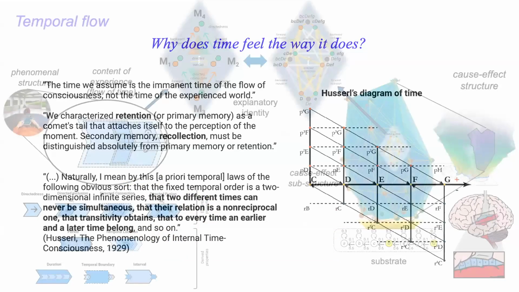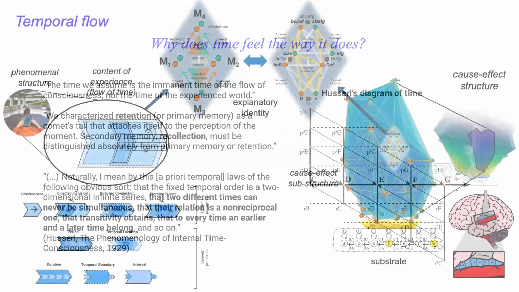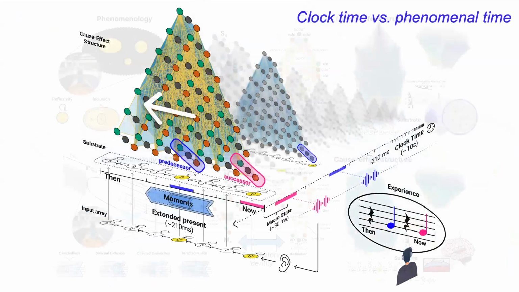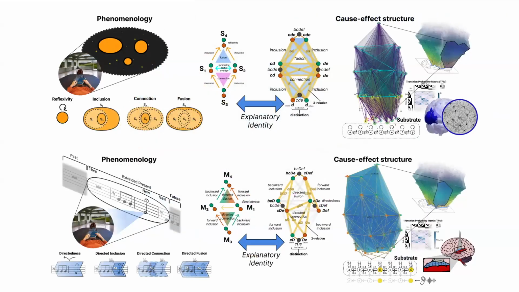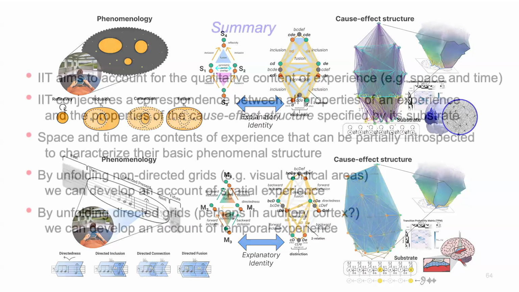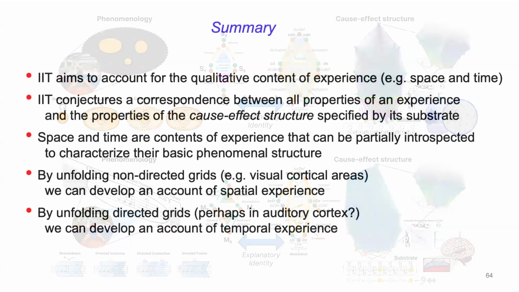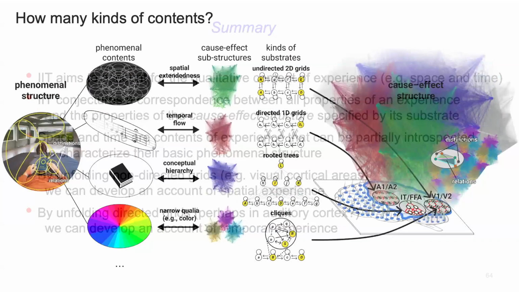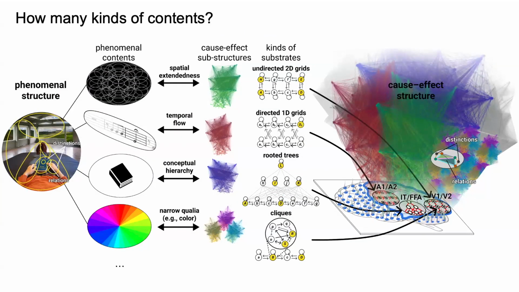But I want to point out that there is really a symmetry between starting from the essential properties of space and time, describing them in conceptual terms, finding a candidate substrate, unfolding it, and trying to find a mapping. And I want to end by saying that this can be done for all contents of experience.